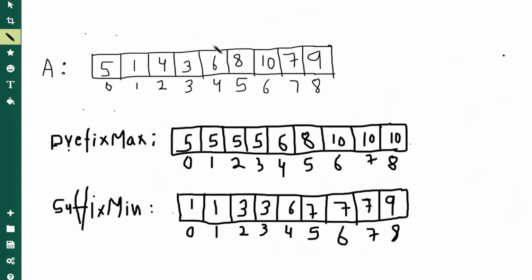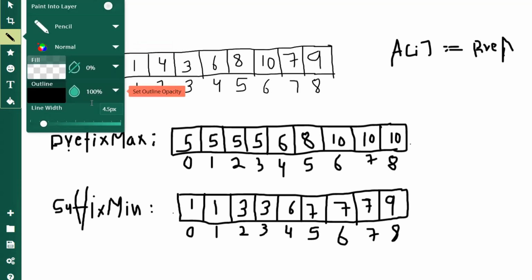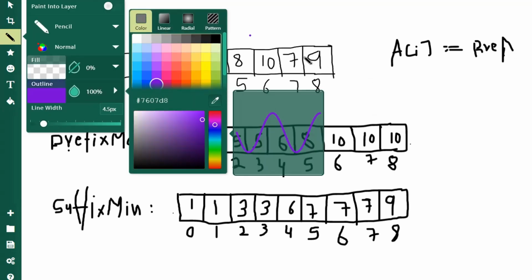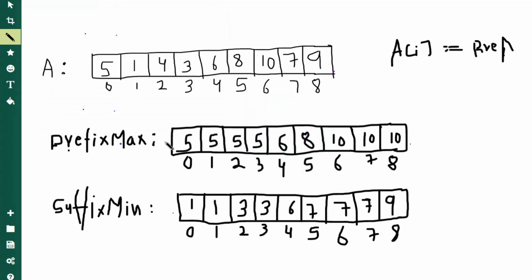Now we start iterating from the second element up until the second last element of the given array, and if we find that at some point ai is equal to prefix max I and ai is also equal to the suffix min I, then at that index we check. Let's iterate over the array.